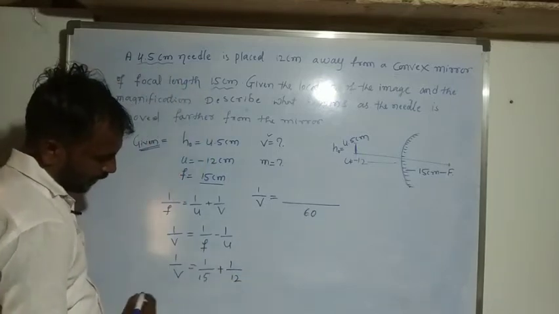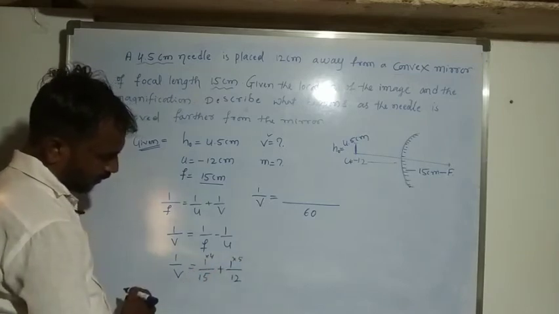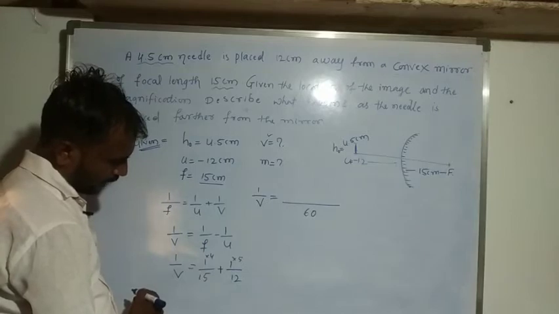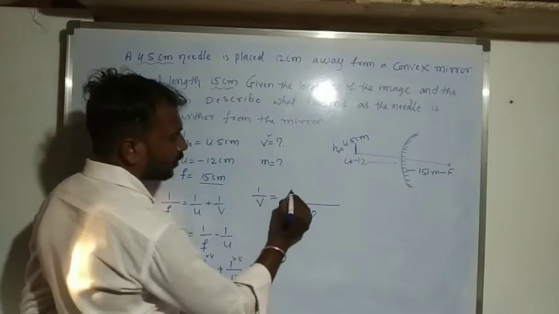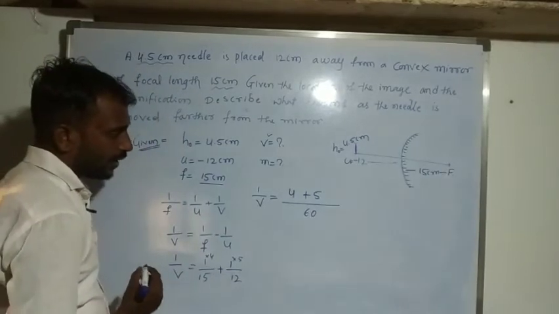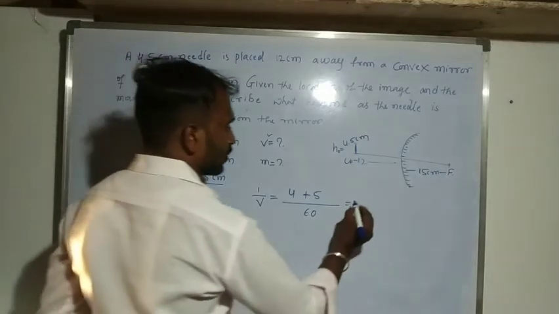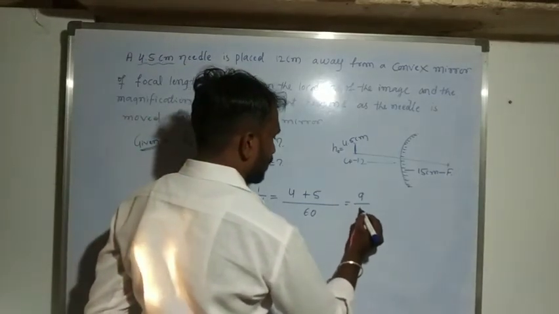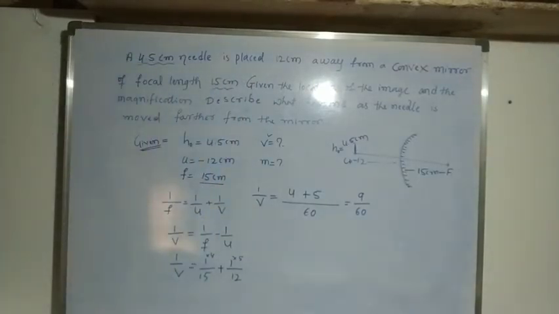Okay, so 60, 12 fours are 60 and here 5 fives are 60. So 4 plus 5 is 9, divided by 60, so 9 by 60, it means 3 divided by 20.